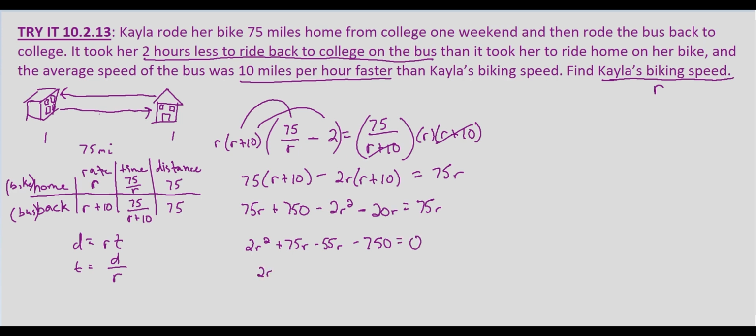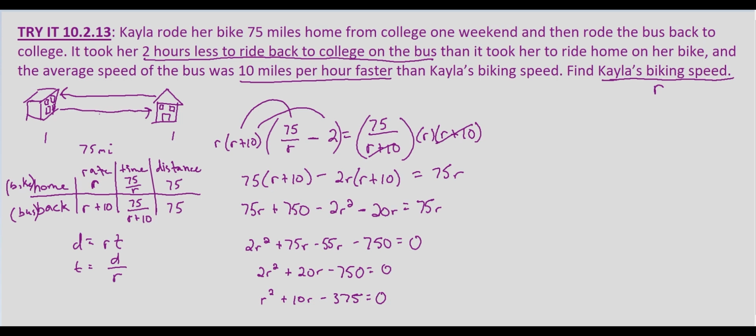That gives us 2R squared plus 20R minus 750 equals 0. Everything is divisible by 2, so we have R squared plus 10R minus 375 equals 0.